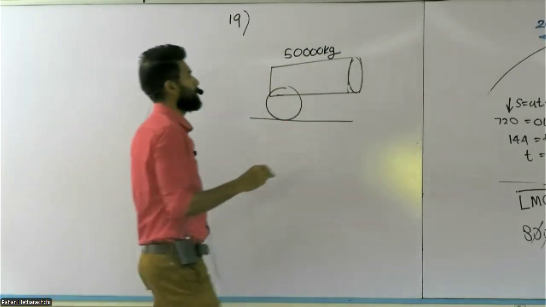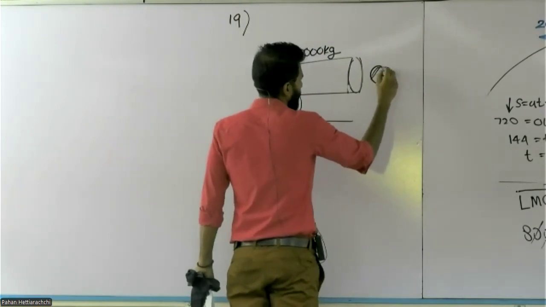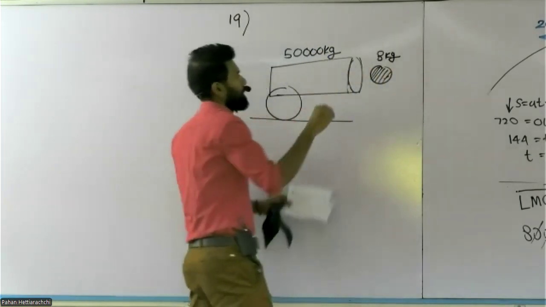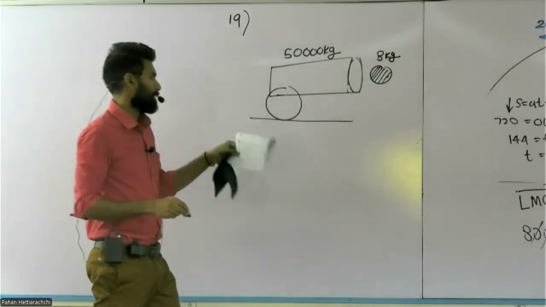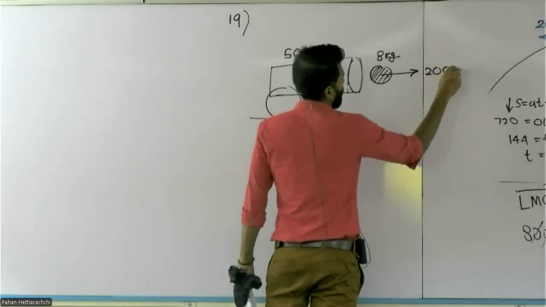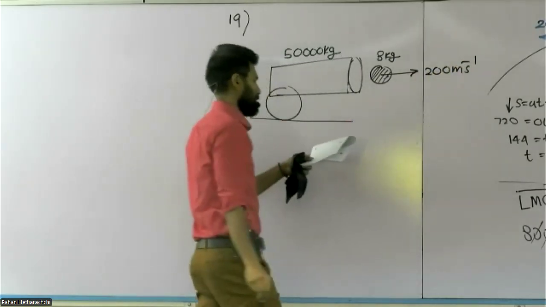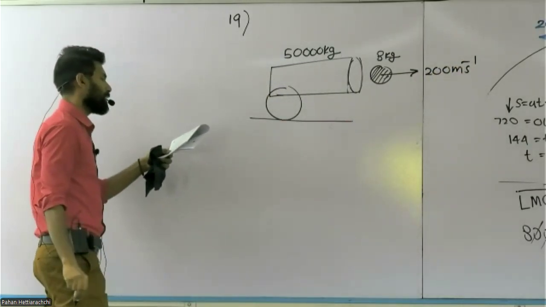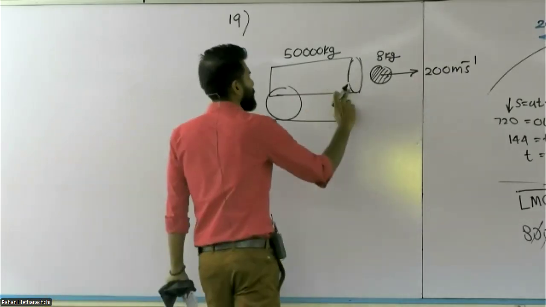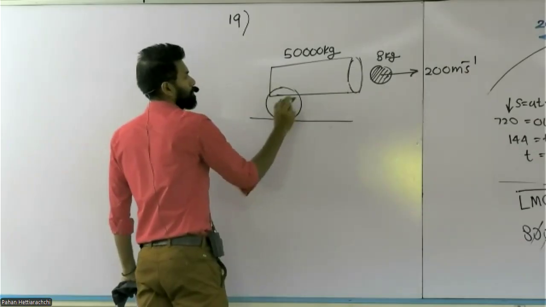And from this cannon, a shell is fired with a mass of 8 kg, at a velocity of 200 meters per second. Find the recoil velocity of the cannon.